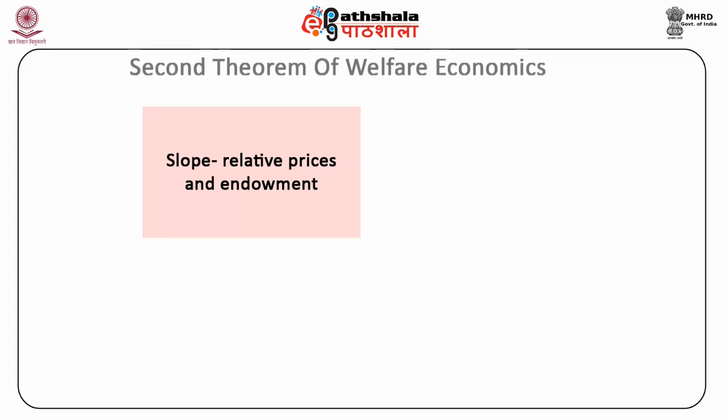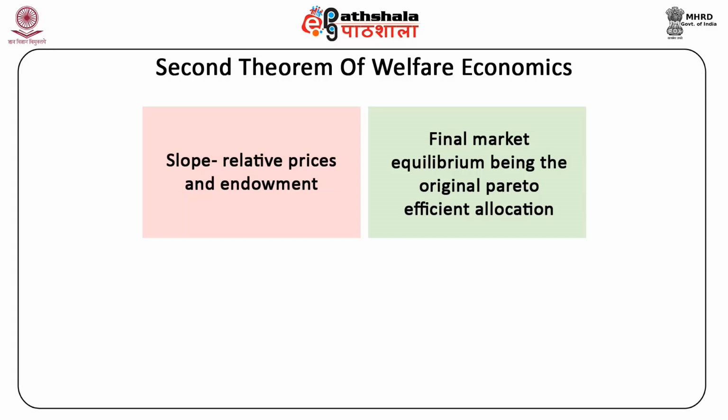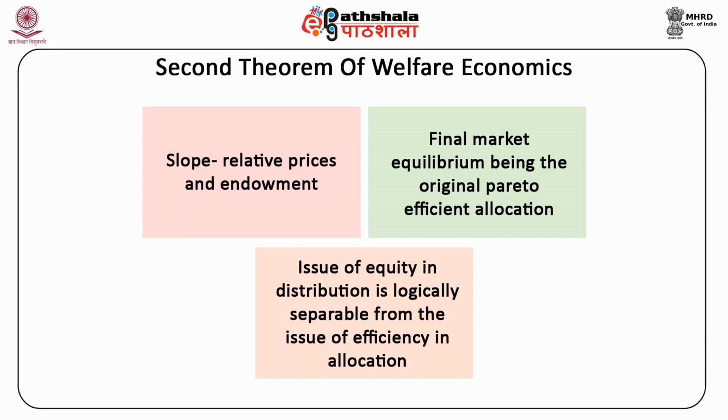The slope of this line gives us relative prices, and any endowment that puts both agents on this line leads to a final market equilibrium, being the original Pareto efficient allocation. The significance of the second welfare theorem is that the issue of equity in distribution is logically separable from the issue of efficiency in allocation.